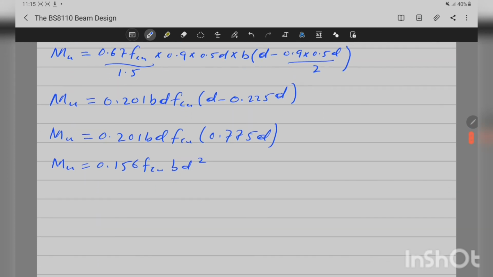So this is the ultimate moment a rectangular beam can support according to British Standard 8110. Thank you for watching.